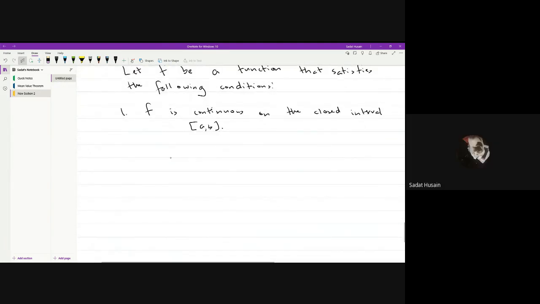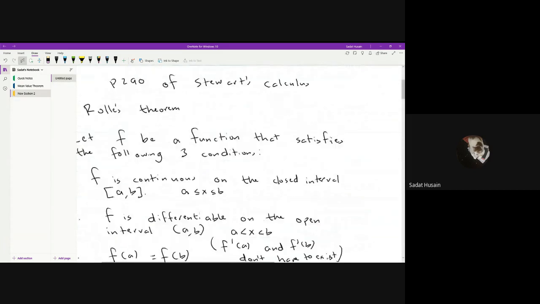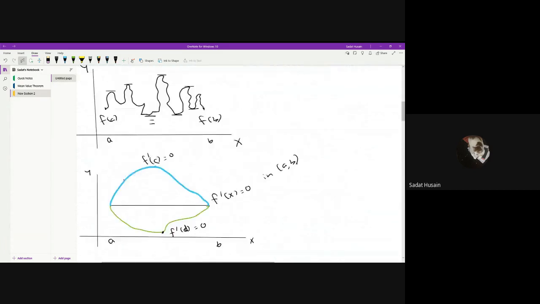F is differentiable on the open interval a, b, right? আচ্ছা, তাহলে if these two conditions are true, মানে এই first দুটো condition, the conditions are the same, right?